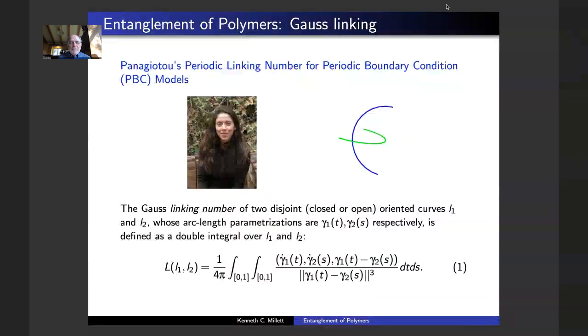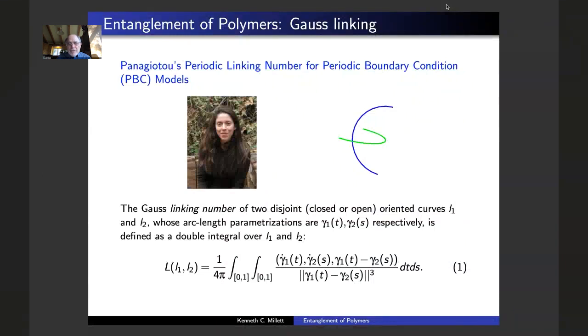She applied the Gauss linking number formula that's shown below here to open arcs. As you see above, there are two open half circles which look like they're entangled.